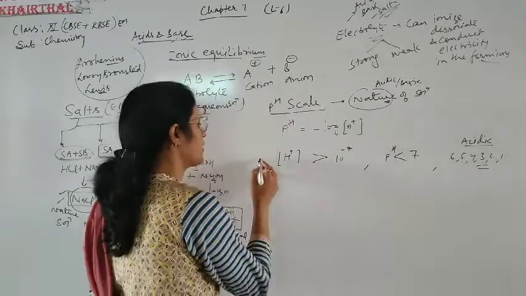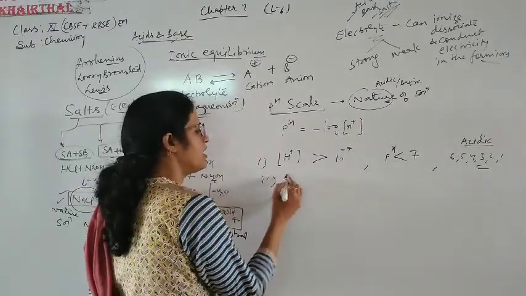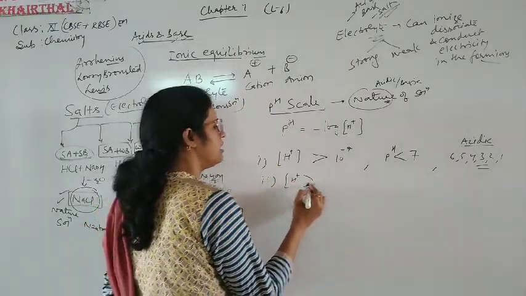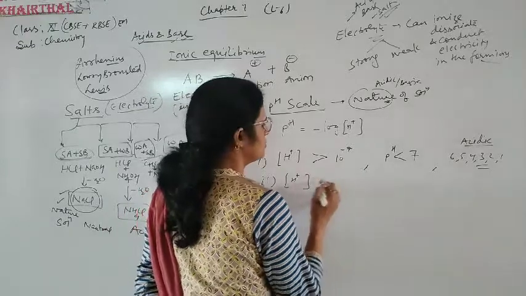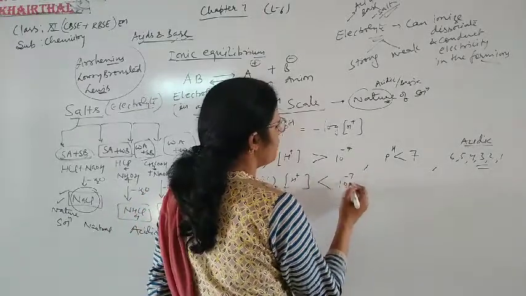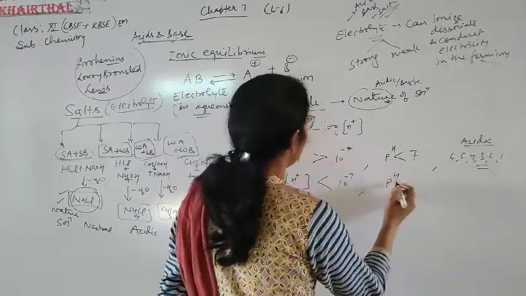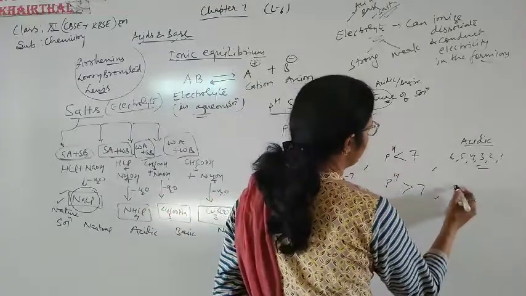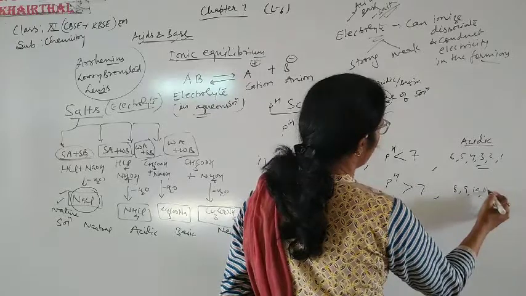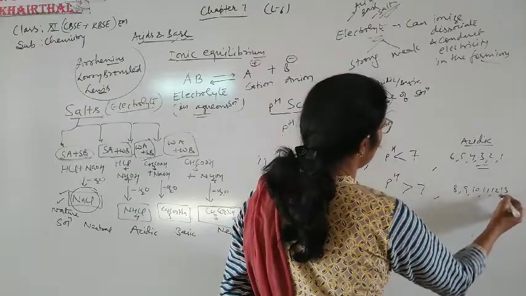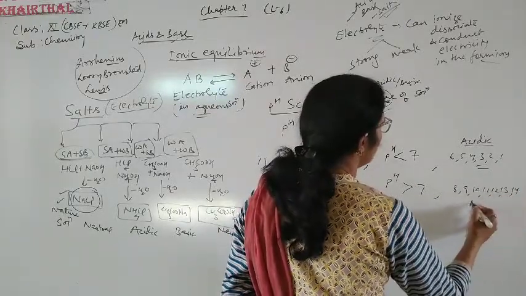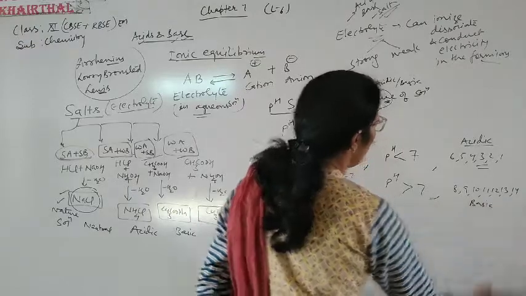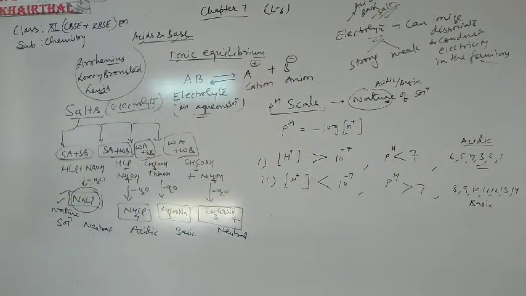If H+ ion concentration is less than 10 raised to power minus 7, then pH will be more than 7, like 8, 9, 10, 11, 12, 13, 14. Then the solution will be called basic.